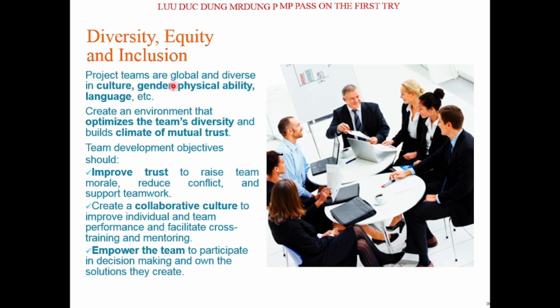It's a different culture, gender, and many things. So we have to combine them, and also have the roles, which we will discuss later, to define what should and should not be done in the team to avoid conflict between team members.